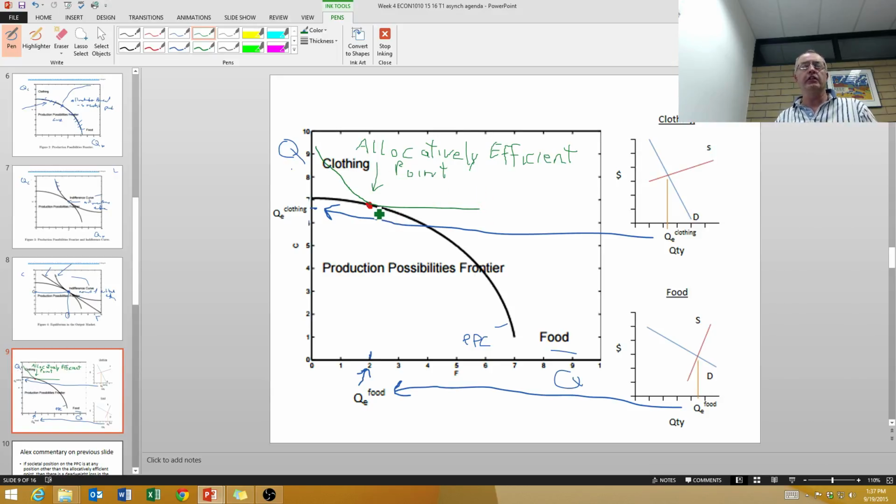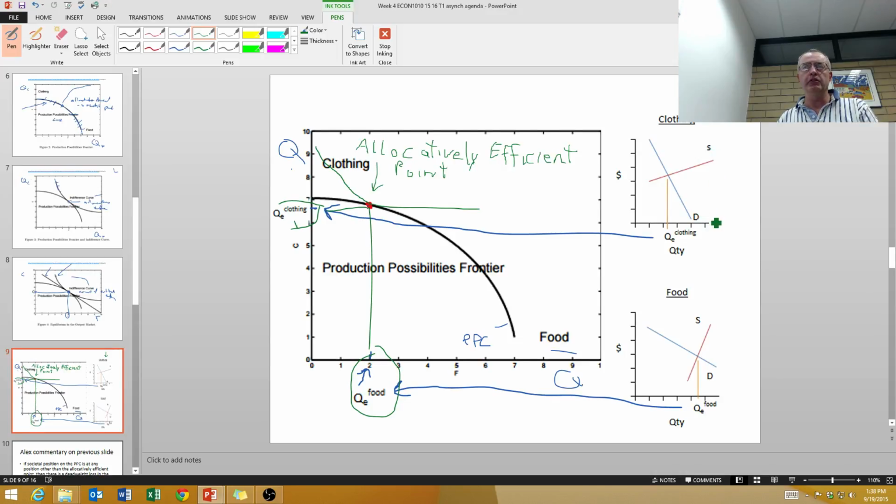So this is a point of intersection with our budget in our economy. At this point of intersection, this is the quantity of food that the society wants to purchase, and this is the optimal quantity of clothing that the society wants to purchase. So we can map these two quantities back to our supply and demand diagrams.